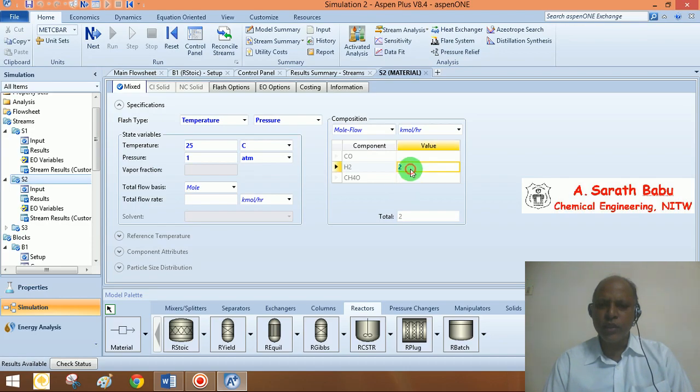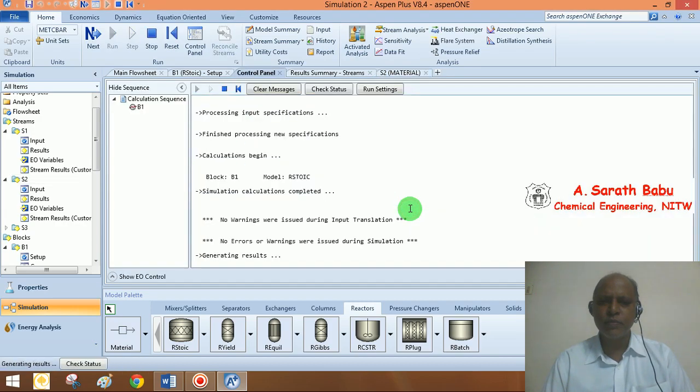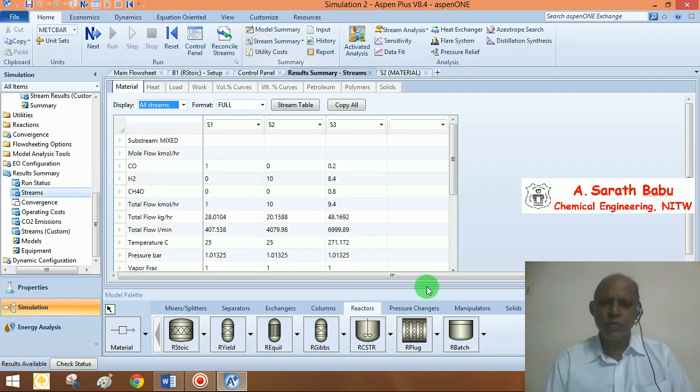Earlier we specified this as 2 because the flow rate of CO happened to be 1. Now the ratio is 1:10. Once again, let me run the simulation. Now look at the results. Now what is the total number of moles leaving the reactor? 9.4 instead of 1.4 in the earlier case.